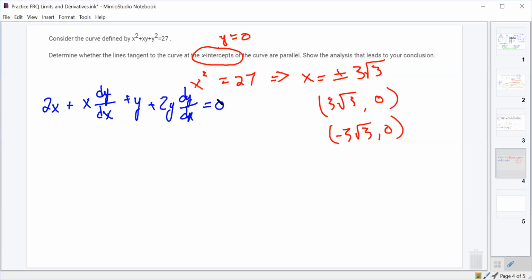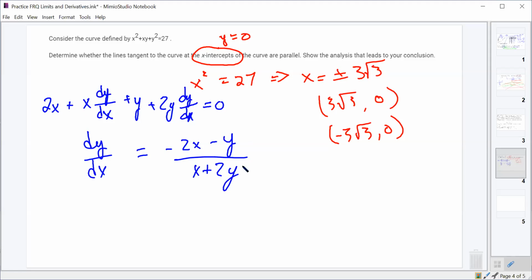Is that what you all got on your first step of finding the derivative there? Yes. All right. So then you probably brought the 2x and the y to the other side and made them negative 2x and minus y, and then divided by x plus 2y. Is that what everybody got for the derivative? Yeah. Perfect.